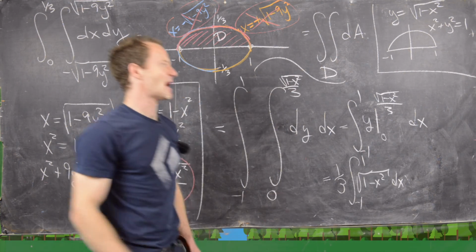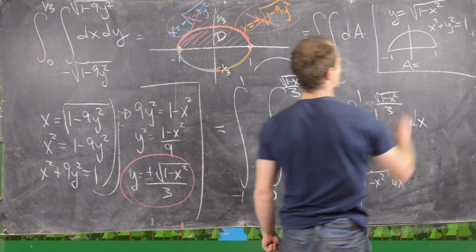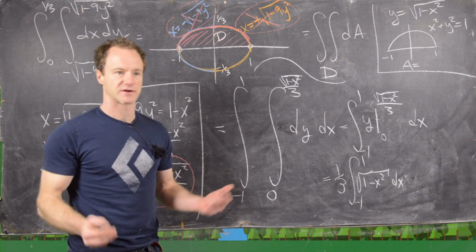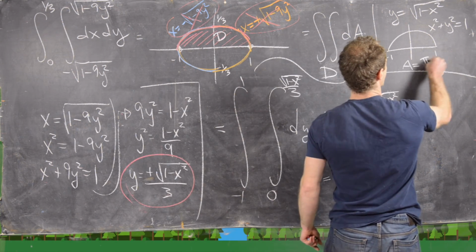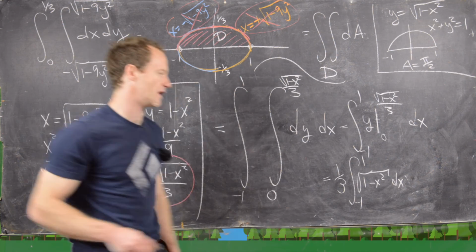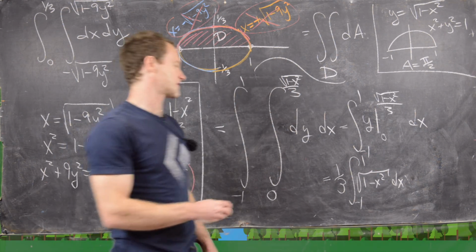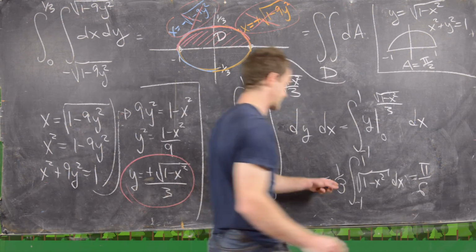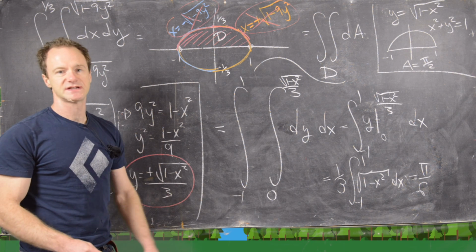So we know the area of that, well, that's going to be pi r squared over 2. So it's half of a circle. So in other words, pi over 2, because the radius is 1 in this case. So that makes this whole integral pi over 2, which means our final answer is pi over 6 because we have to multiply that by 1/3. Okay, this is a good place to end.